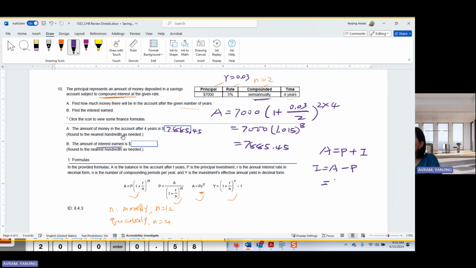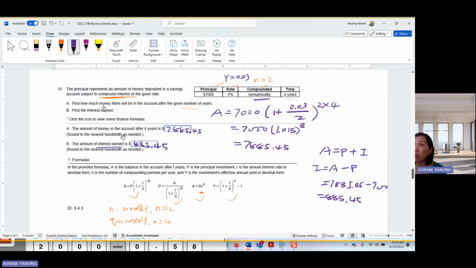So we have a total amount of 7,885.45 minus the principal, which here is 7,000. So we have $885.45 for the interest. For compound interest, that's the only way you can calculate the interest, using the total amount minus the principal.